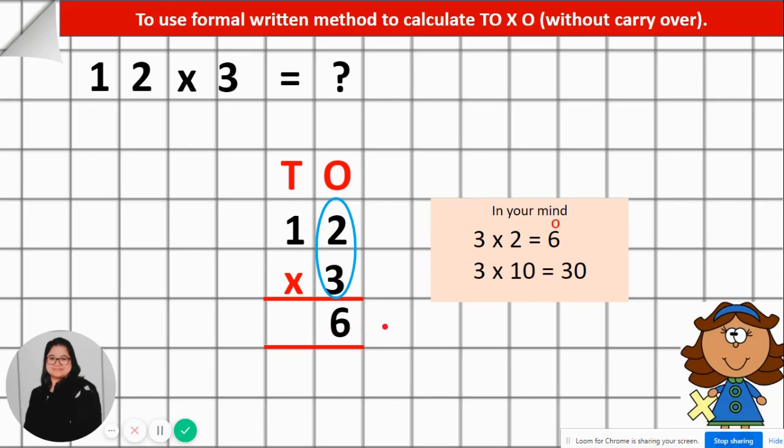Okay. Now the next calculation is going to be ones place with tens place. So 3 is going to be multiplied by 1. So in your mind, you have to do 3 times 10. How did I get this 10? Here it is only 1.